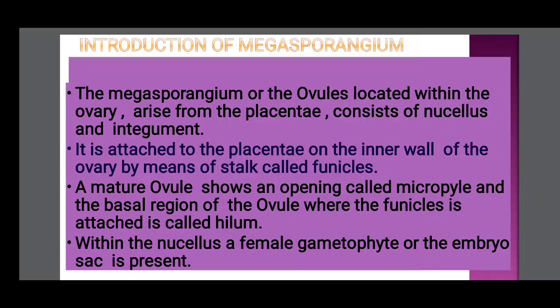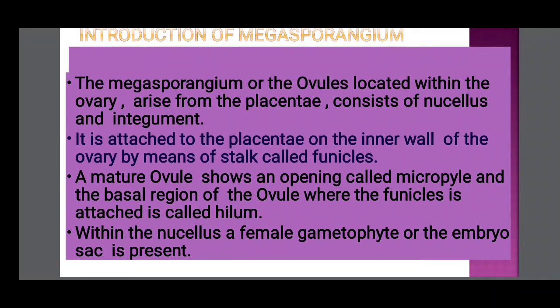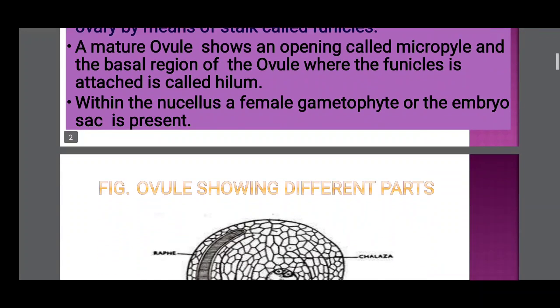A mature ovule shows an opening called the micropyle, and the basal region of the ovule where the funicle is attached is called the hilum. Within the nucellus, a female gametophyte or embryo sac is present.